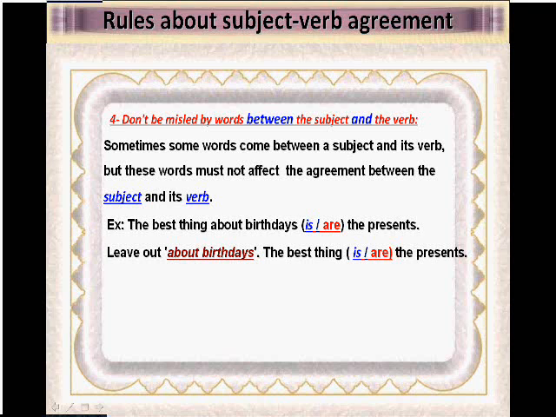So about birthdays, let's say we call them extra information in a sentence. Of course, the right answer is the best thing is the presents, because the verb is singular and it should agree with the subject, which is thing.